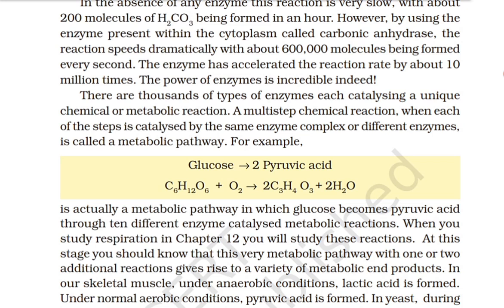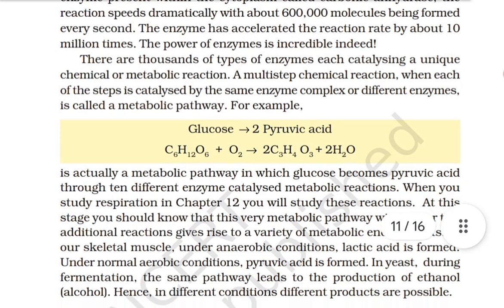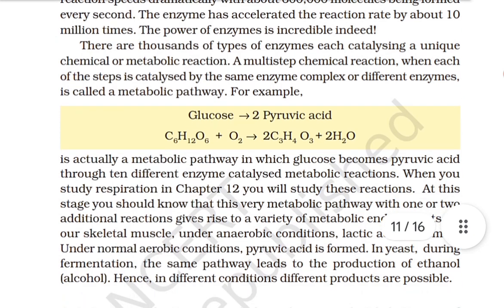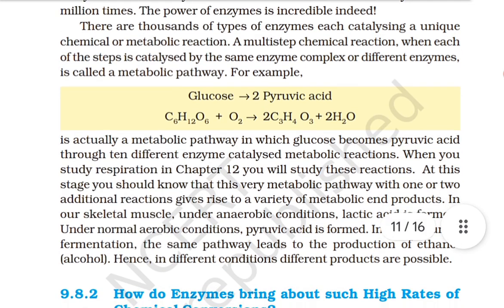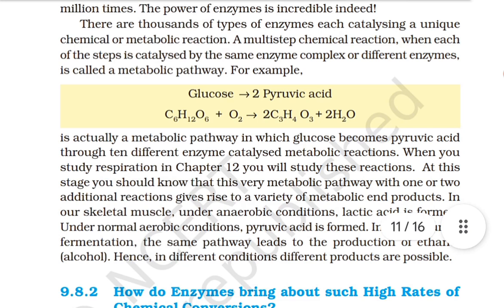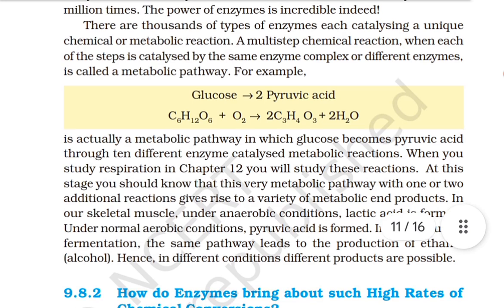This includes temperature, pH, change in substrate concentration, or binding of specific chemicals that regulates its activity. Temperature and pH. Enzymes generally function in a narrow range of temperature and pH. Each enzyme shows its highest activity at a particular temperature and pH, called the optimum temperature and optimum pH.